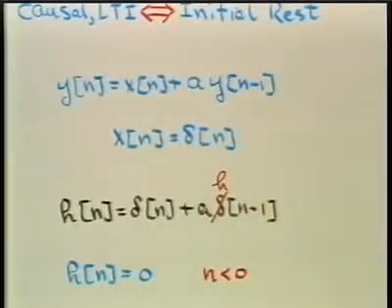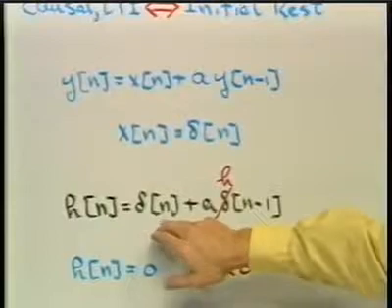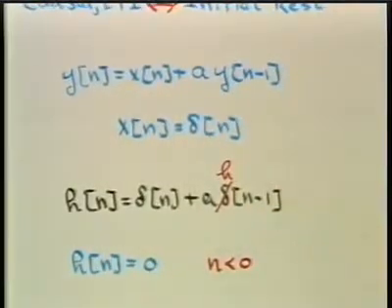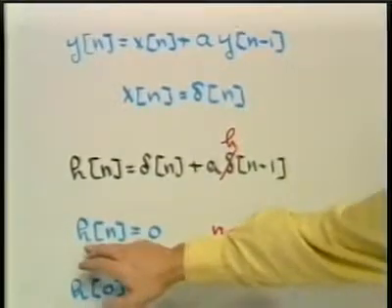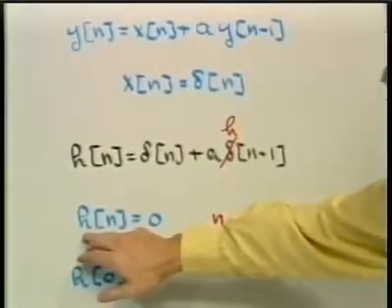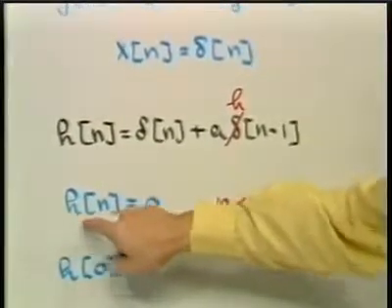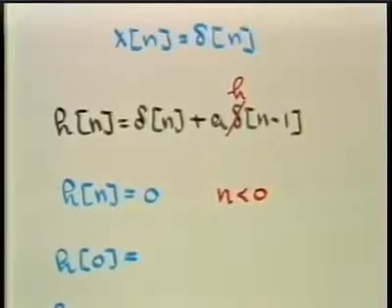So we have the impulse response as delta of n plus a times h of n minus 1. Now, from initial rest, we know that since the input, namely an impulse, is 0 for n less than 0, the impulse response is likewise 0 for n less than 0.